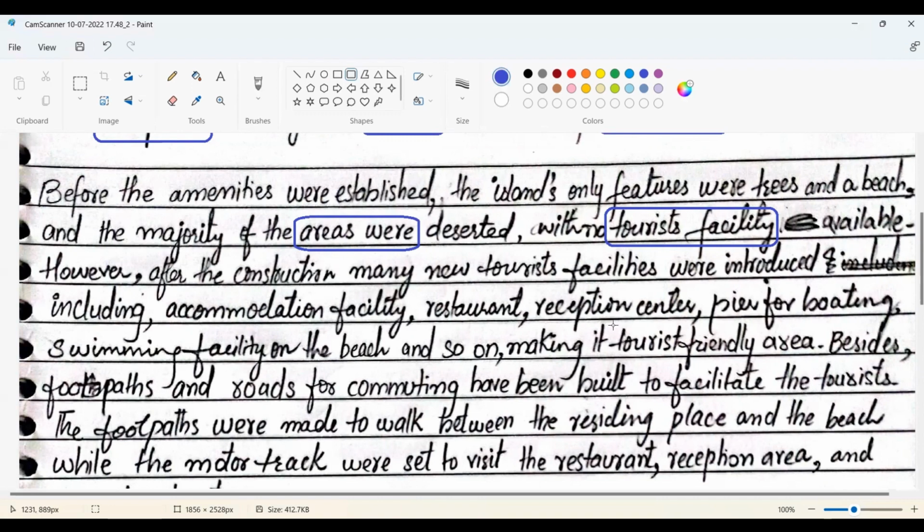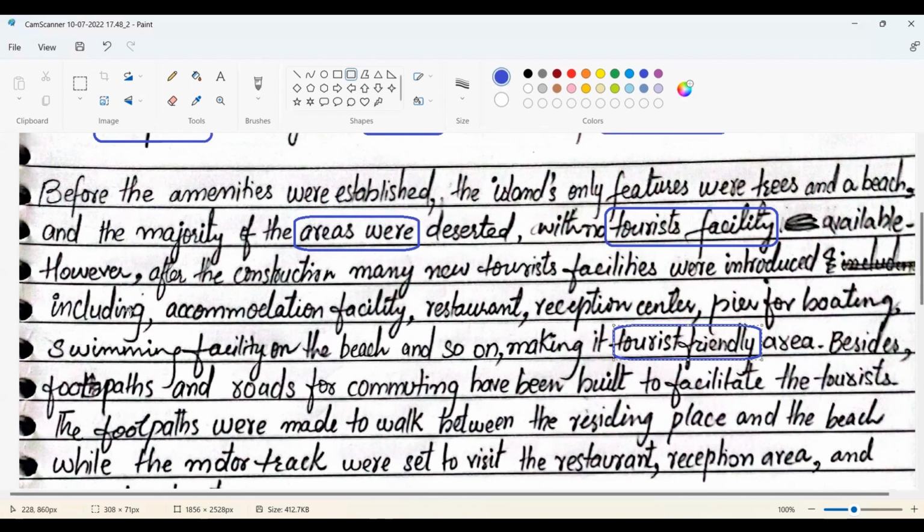Now, tourist friendly should have a hyphen. Yeah, hyphen. Okay.